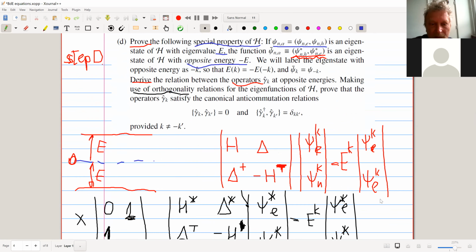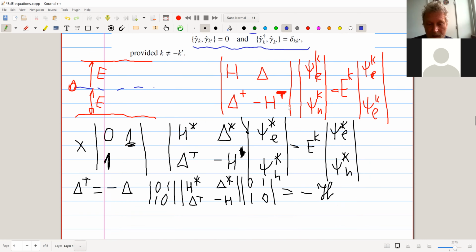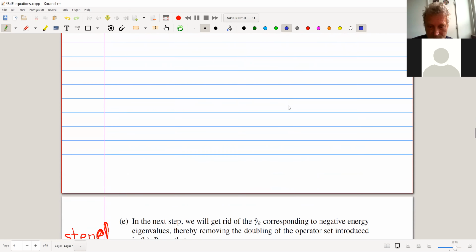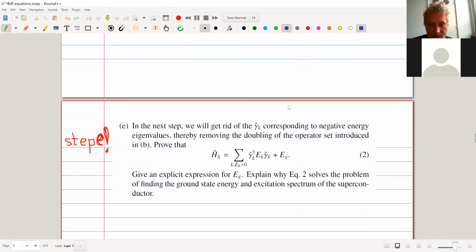And they obey the usual canonical anti-commutation relations. So operators gamma represent a set of creation and annihilation operators for electrons. Now, if there are no questions, I can go to the next step.